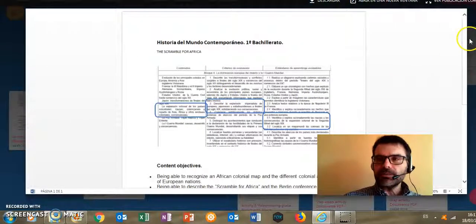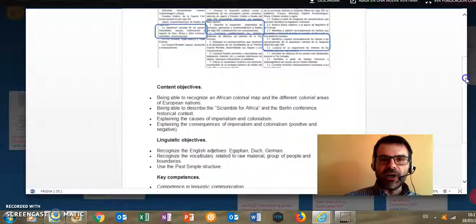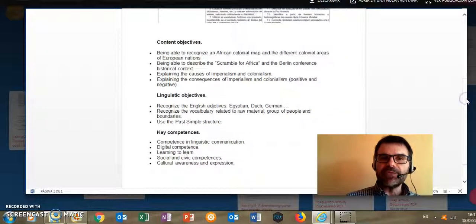In that sense, we can talk about content objectives that we have read: being able to recognize an African colonial map and the different colonial areas, being able to describe the scramble for Africa and the Berlin Conference, explaining the causes of imperialism and the consequences of imperialism and colonialism.